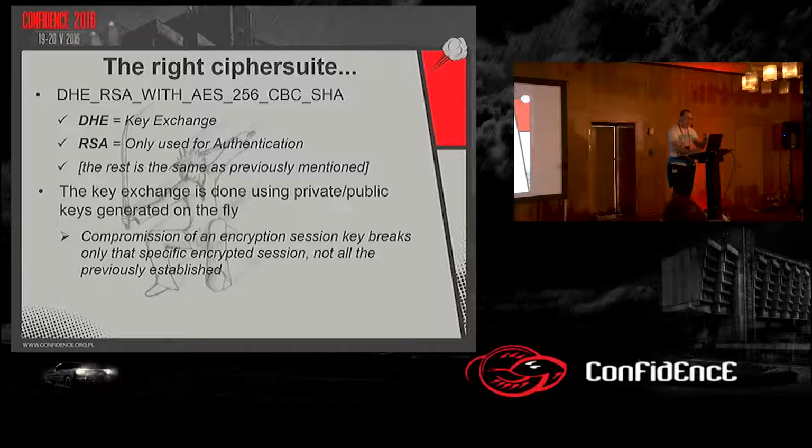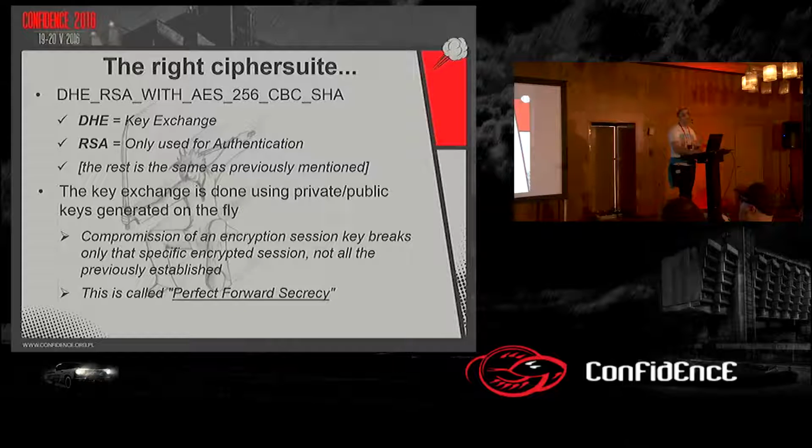And the compromise of this session basically means that we can decrypt all the previous established sessions and all the future sessions, because, you know, the private key and the public key are generated differently each connection. And this feature is called Perfect Forward Secrecy.